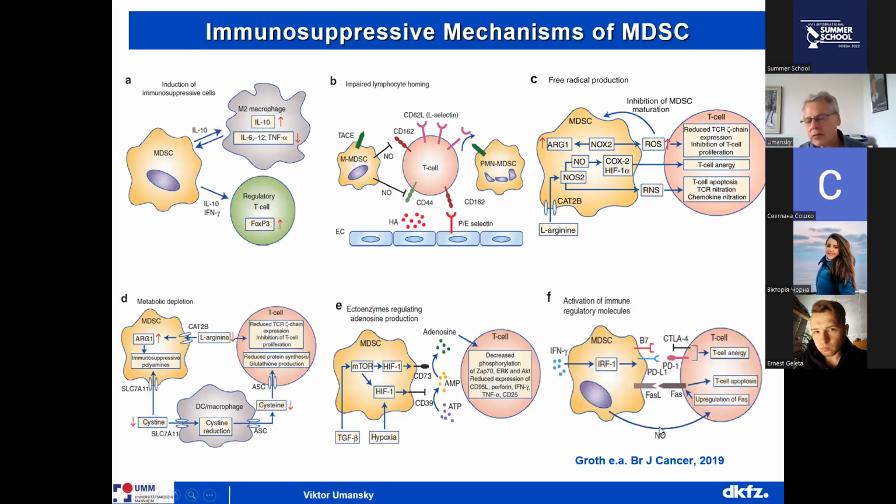And the last thing I would like to mention here is the expression of PD-L1. Of course, you have heard about this PD-L1 and PD-1 axis. PD-1 is expressed on activated T cells, PD-L1 is expressed on MDCs, and they can block T cell activity, inducing T cell anergy.